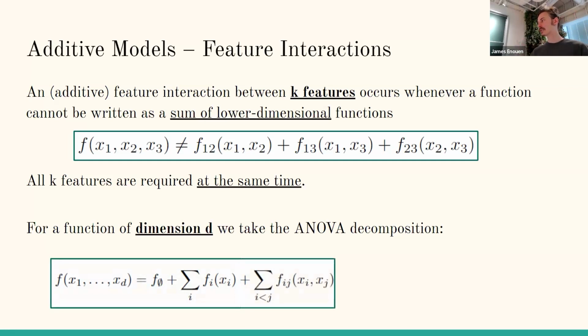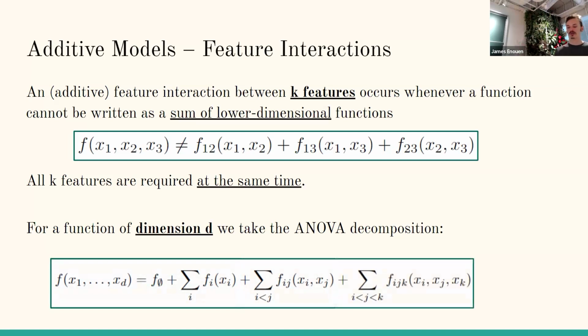And then we add to that two-dimensional functions and we try to make it as close as we can with the extra capacity, and then three-dimensional, and then so on. And we know that if we go all the way to d dimensions, then we can fully represent the function because we have the same capacity in the final interaction term as we did in the original function. But now we've pushed as much as we can down to the simpler components.